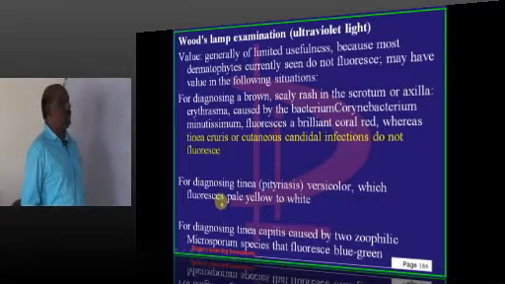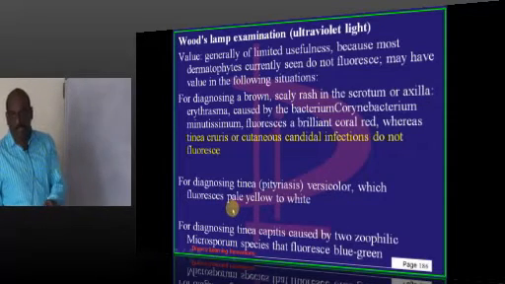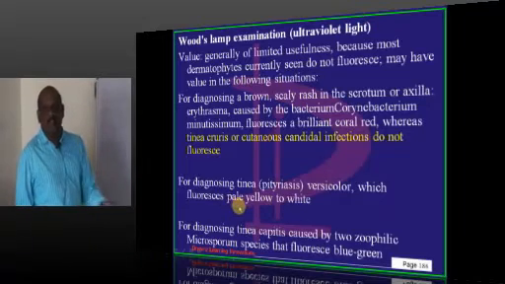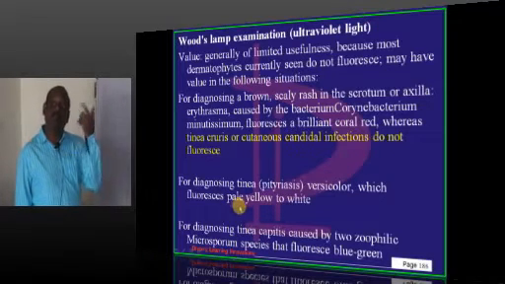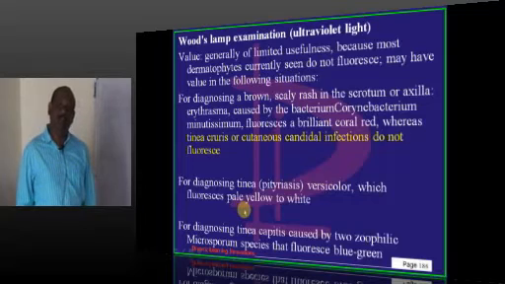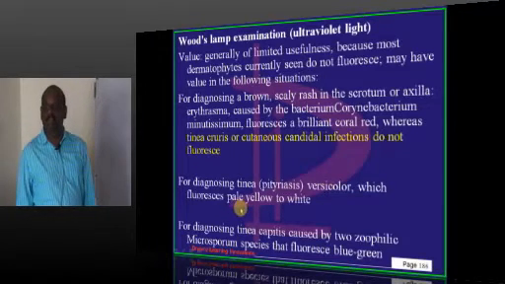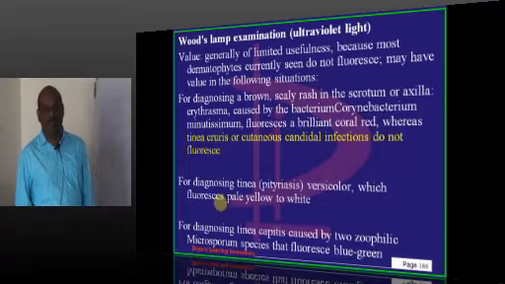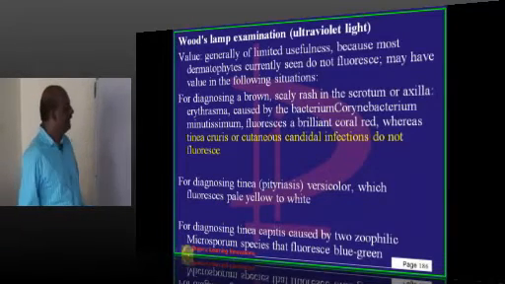Tinea versicolor. Once more, this dual terminology in dermatology is very difficult. Tinea versicolor is the same as pityriasis versicolor, which is different from pityriasis alba, which is different from pityriasis rosea. So many pityriasis are floating across dermatology textbooks.